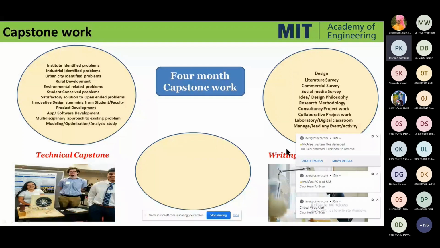So the basic motto here, for technical and writing intensive capstone, is that you are supposed to use your engineering skills which you have developed right from first year to final year of engineering, by identifying the problem and giving the solution. Through your technical capstone or writing intensive capstone, it should reflect whatever skills you have developed. So this is a scope for you to present your work individually.